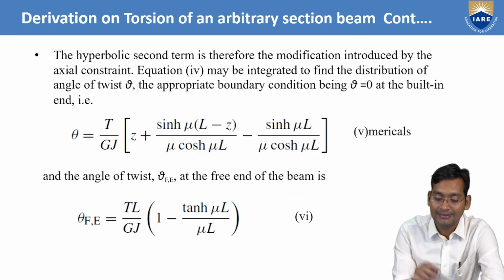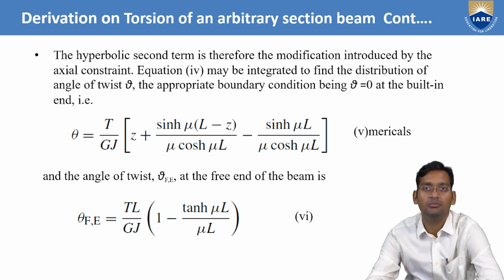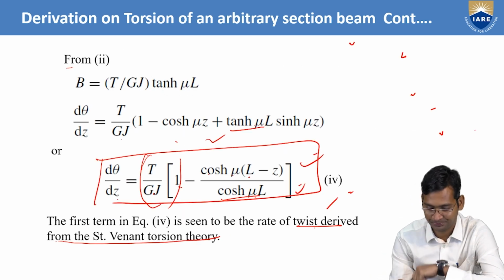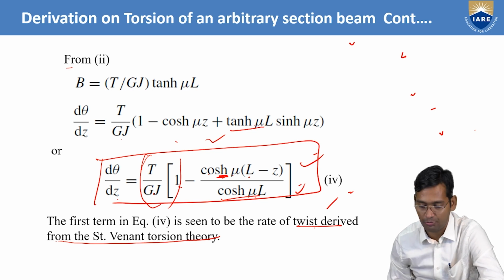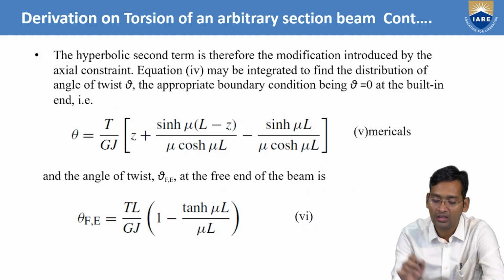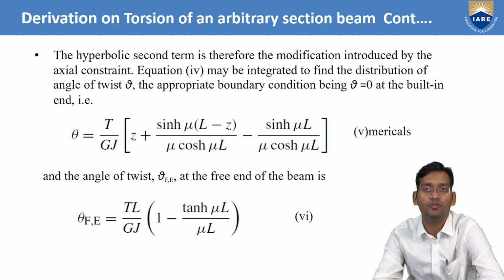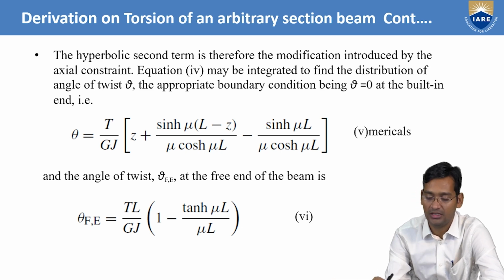Now the hyperbolic second term is therefore, with the cosh there meaning hyperbolic function, the modification introduced by the axial constraint.